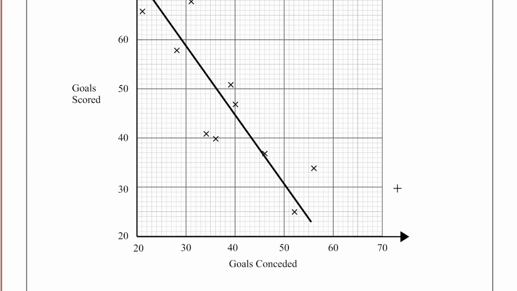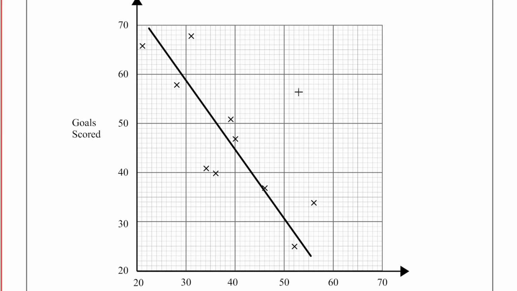And the other team have scored 44. How many did they concede? So we want to go 44, which is here, along to the line, and down.